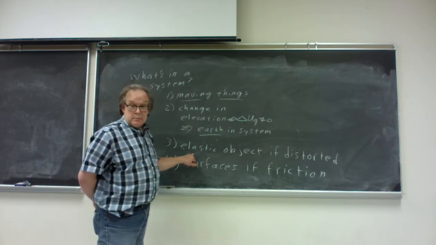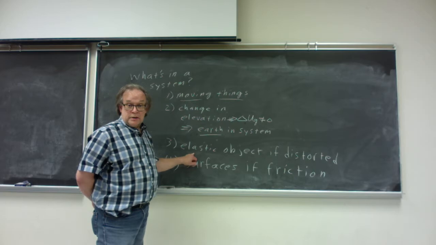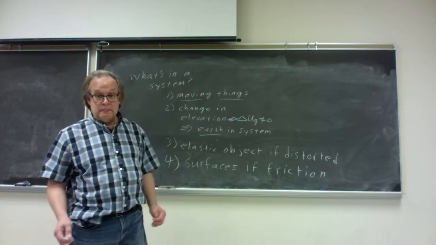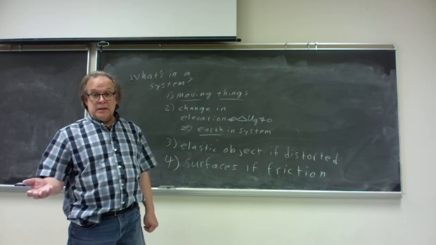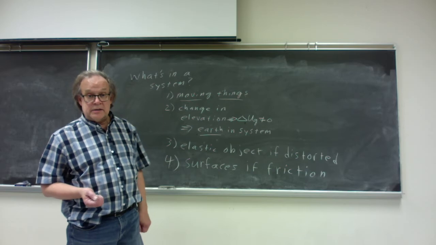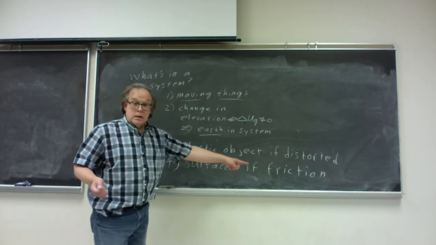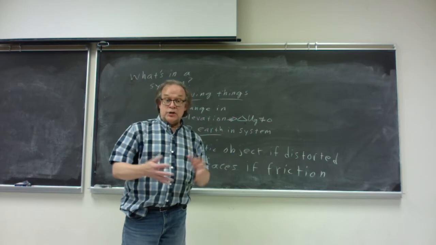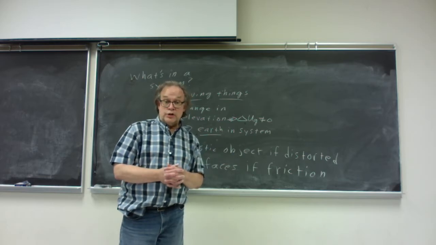Any elastic object that's getting distorted, getting stretched or compressed or twisted or whatever, that means it's being given elastic potential energy, and so you'd want to include that in the system. Then, if there's friction, that's going to increase the thermal energy of the objects in the system.